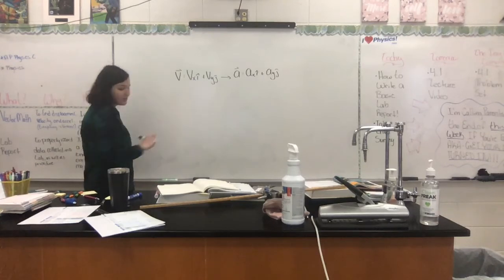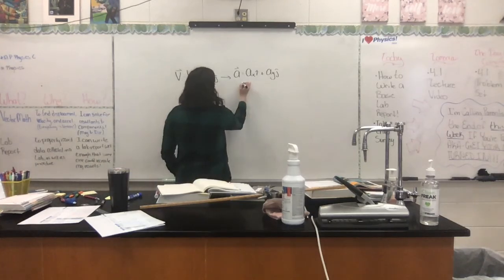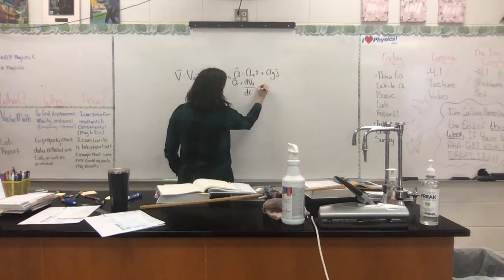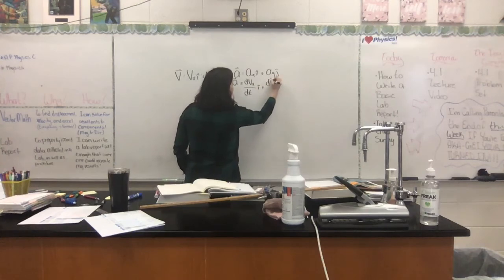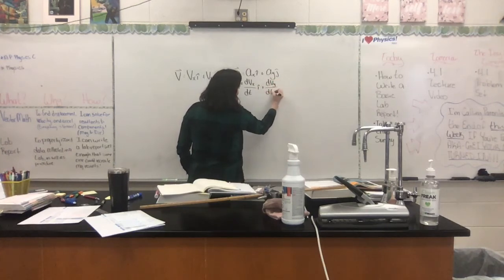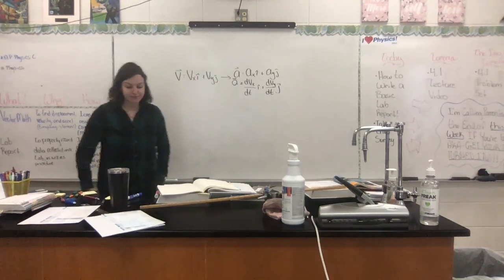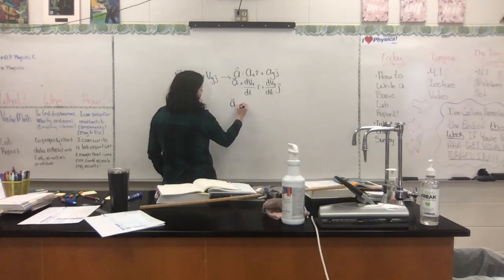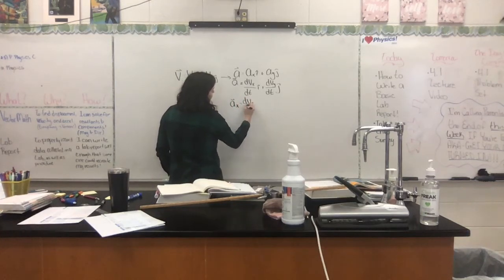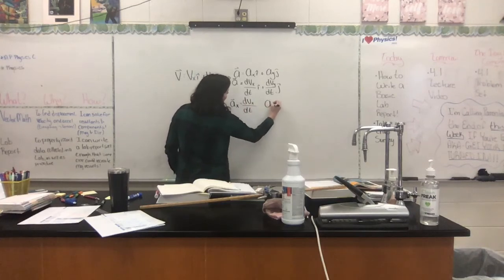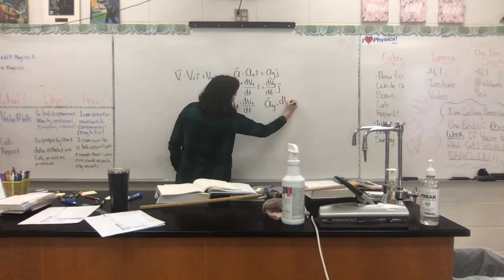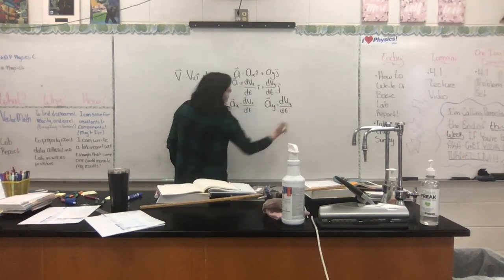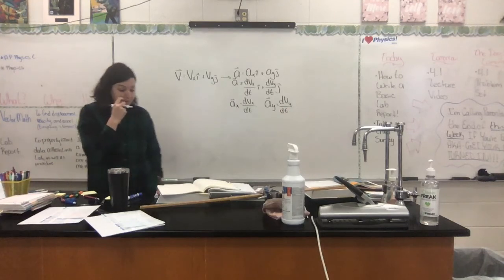So if we break this up further, acceleration is equal to the derivative of the x component of velocity with respect to t plus the derivative of the y component of velocity with respect to t. That means our ax component is equal to dvx over dt, and our y component is going to be equal to dvy over dt. So it's just the derivative of velocity like we've always known.